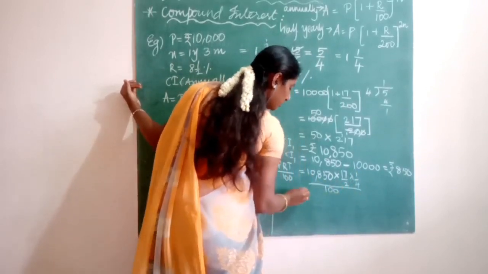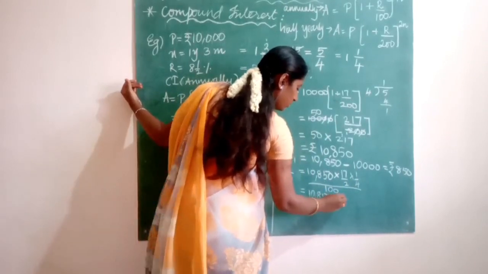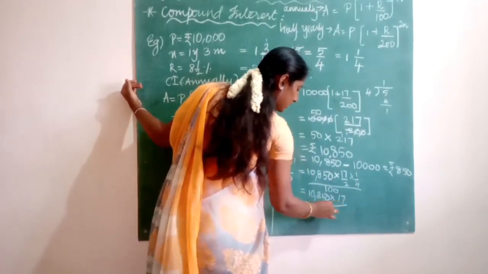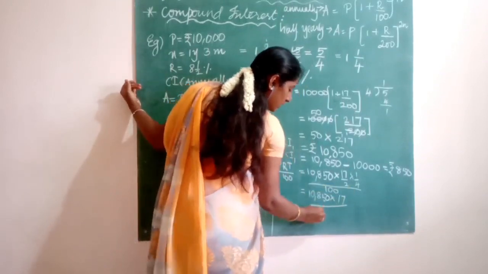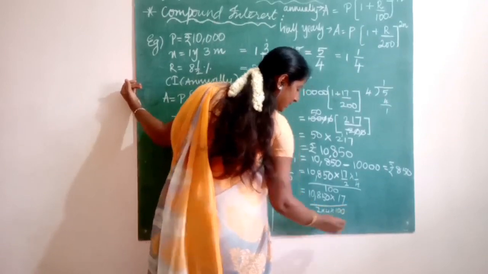And this you can write as into 17 divided by, this 2 will come to the denominator, 4 also will come to the denominator, and 100 also will be in the denominator.